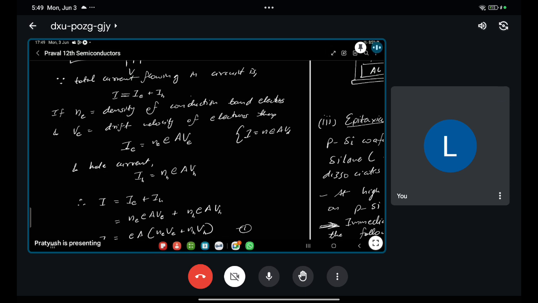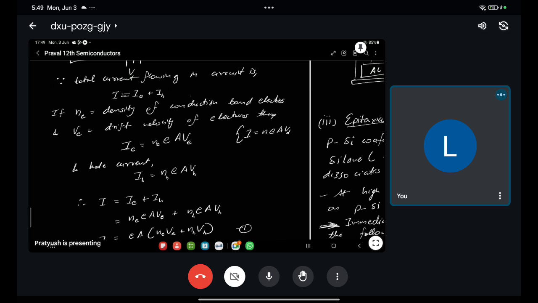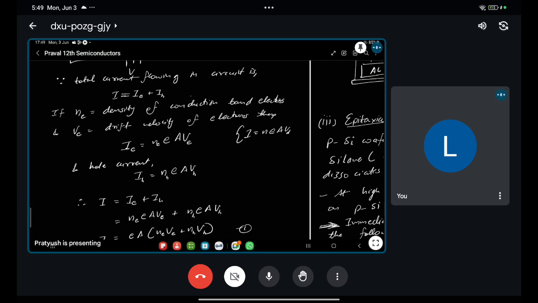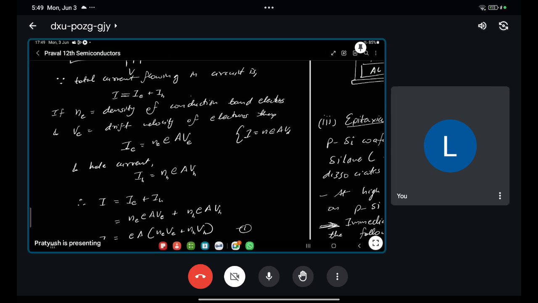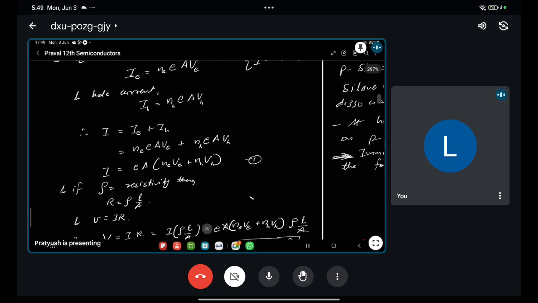Here Ne and Nh are number of electrons and number of holes respectively. Now this is the current.